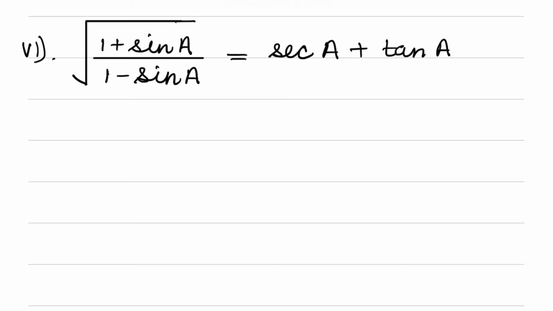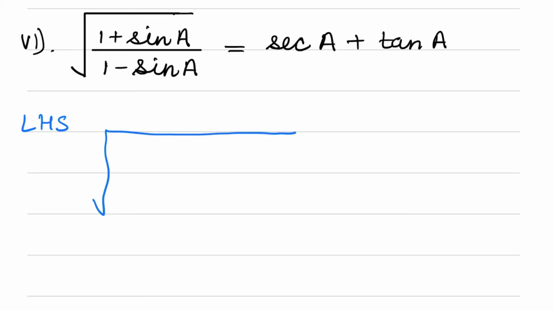Now the sixth part, it is the square root of 1 plus sin A divided by 1 minus sin A is equal to sec A plus tan A. So now in this we are going to solve the left hand side. We have square root.